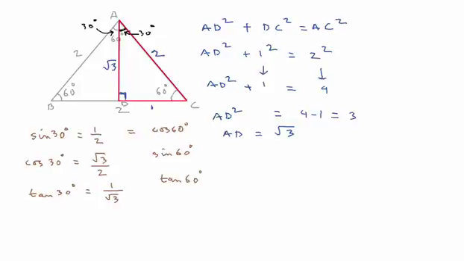Cosine theta is the same as sine 90 minus theta. Similarly, sine 60 is the same as cosine 30. And tan 60, you know what to do, just flip it over. So you have square root of 3 over 1, which is nothing but the square root of 3.